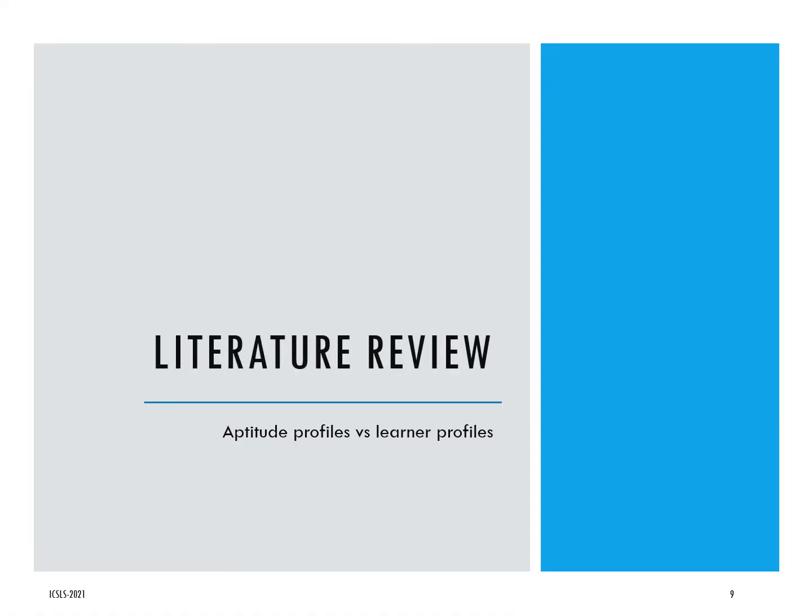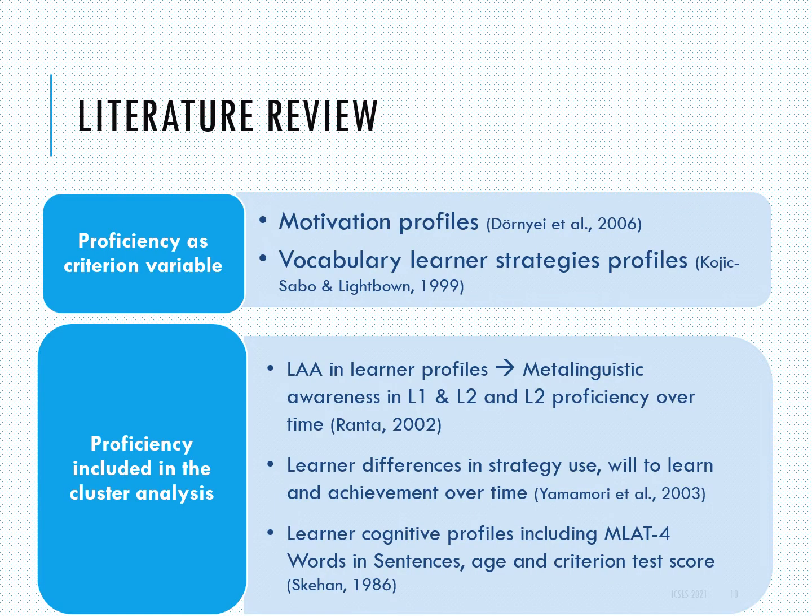First, though, we must make the distinction between aptitude profiles on one hand and learner profiles on the other hand, which are the focus of this presentation. When proficiency is not included in the cluster analysis, but only used as a criterion variable added later, we talk then about plain profiles. We can find studies that use such a technique delving into motivation or vocabulary learner strategies profiles, for instance.